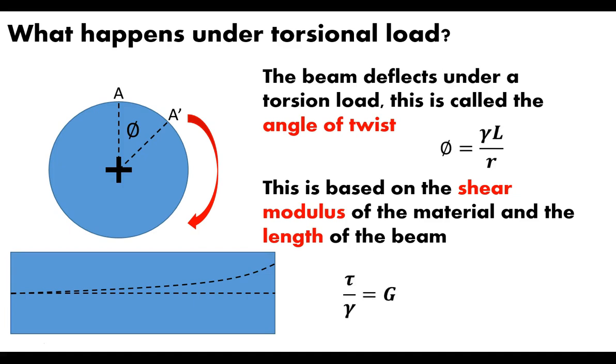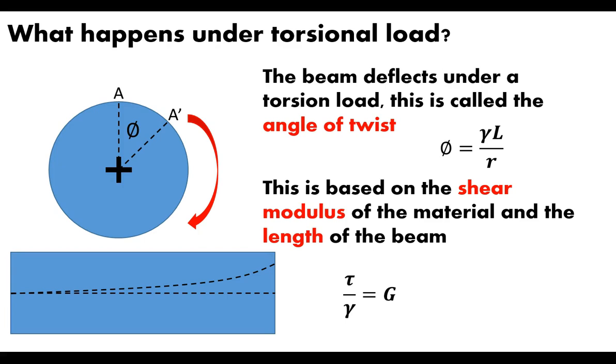So the angle of twist can be calculated based on that shear strain, the length of the load, and the radius of the load. And the shear modulus is the stress over strain.